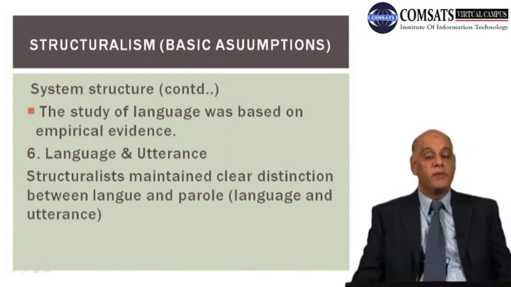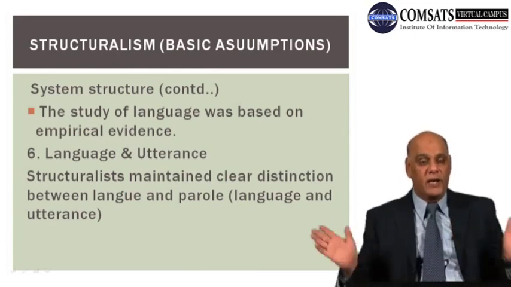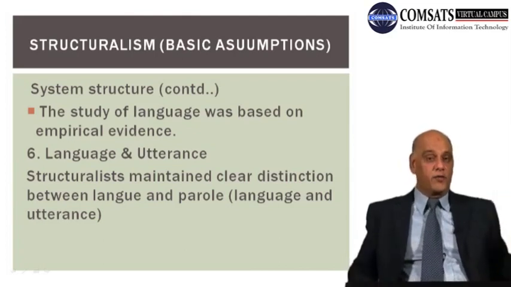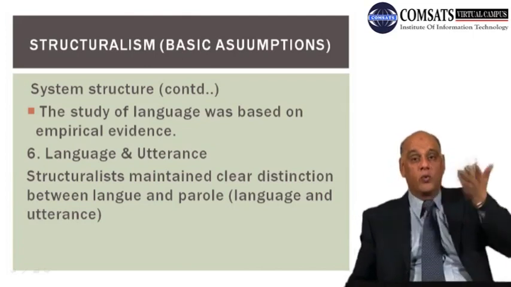The next basic assumption of the structuralists is language and utterance. Structuralists maintained a clear distinction between langue and parole. They were very clear in their minds that there is a set of rules, langue, and parole is basically the utterance, how the words and sentences come out.